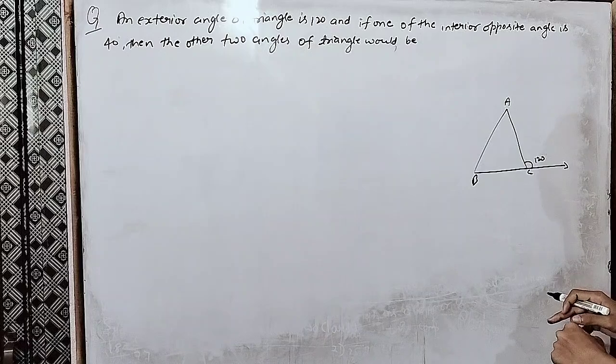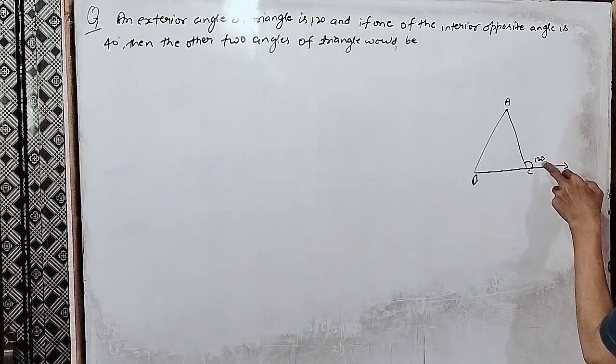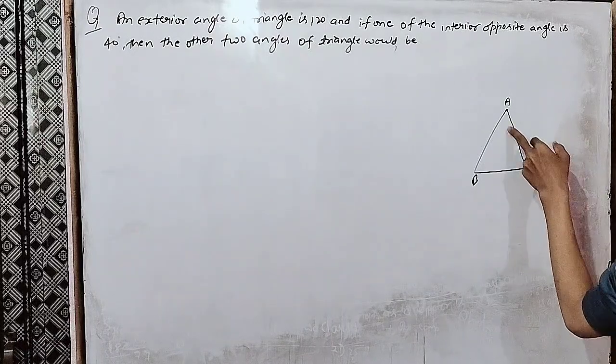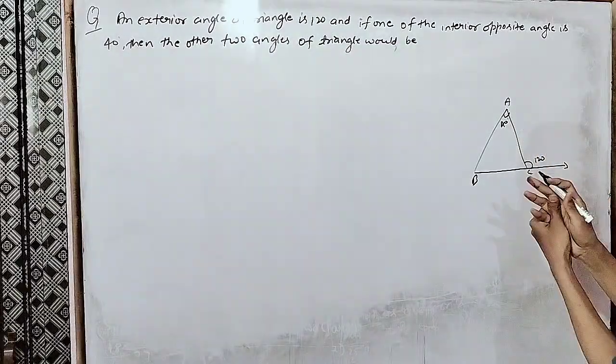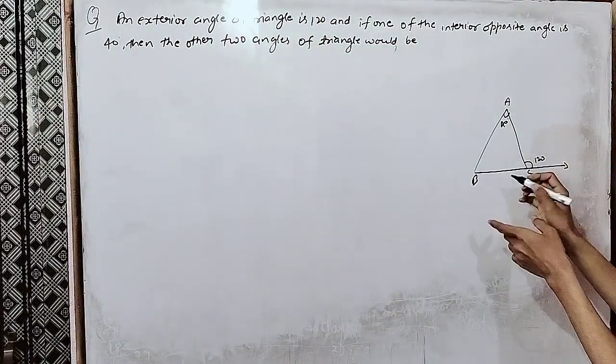If one of the interior opposite angles, just opposite to this, is 40, let's say this is 40, then what are the other two angles of our triangle?